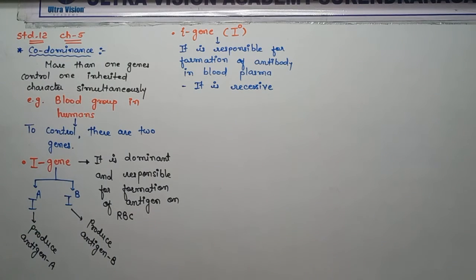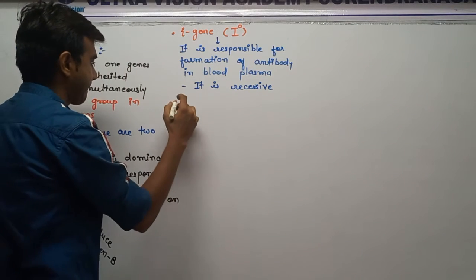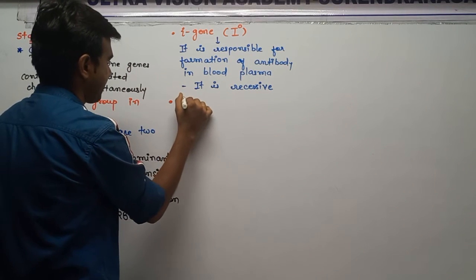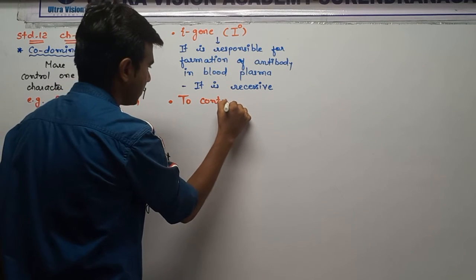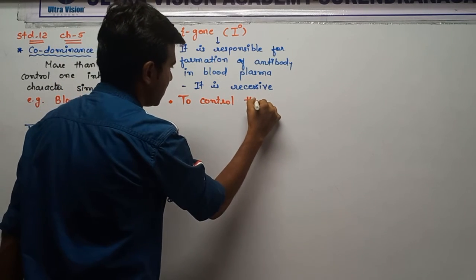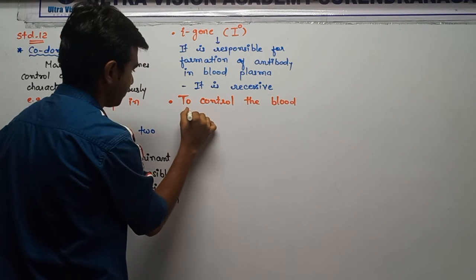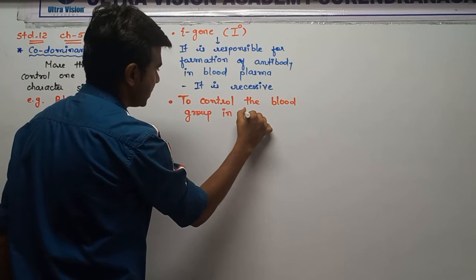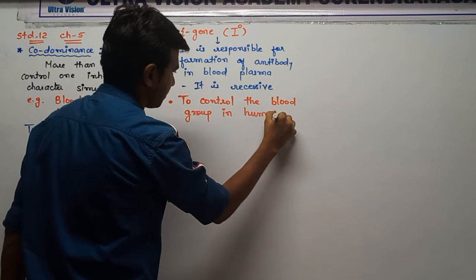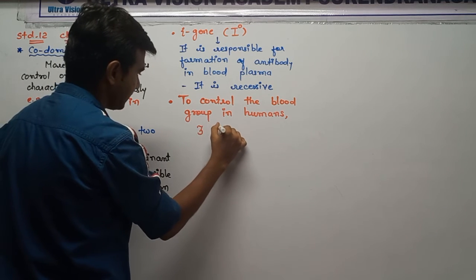Fine. So we say that to control the blood group in humans, three genes are there.